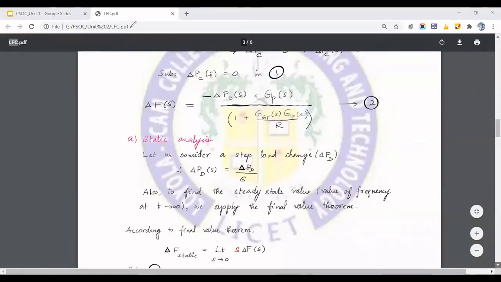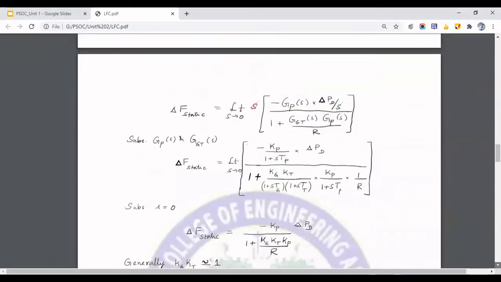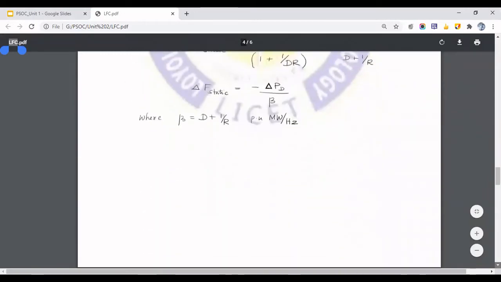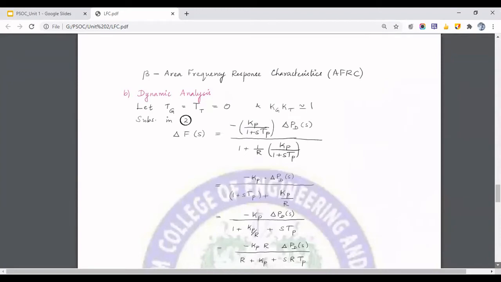The base equation that we have for dynamic analysis is delta F of S equal to minus Kp divided by 1 plus STP into delta P of S divided by 1 plus 1 by R into Kp divided by 1 plus STP.